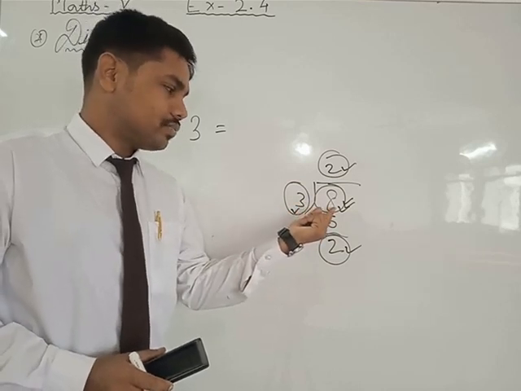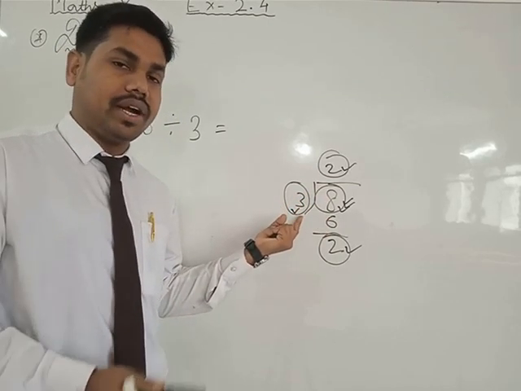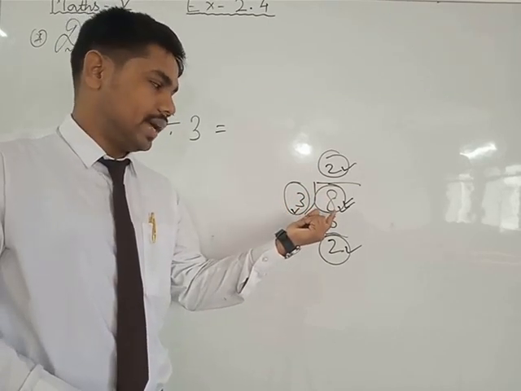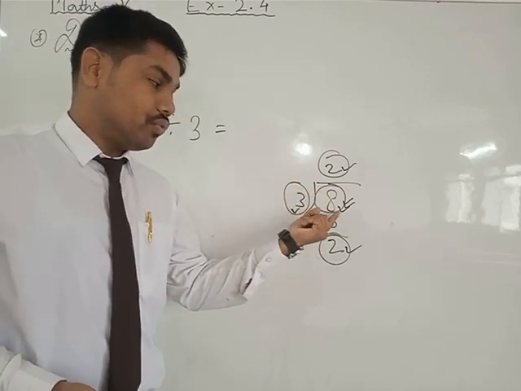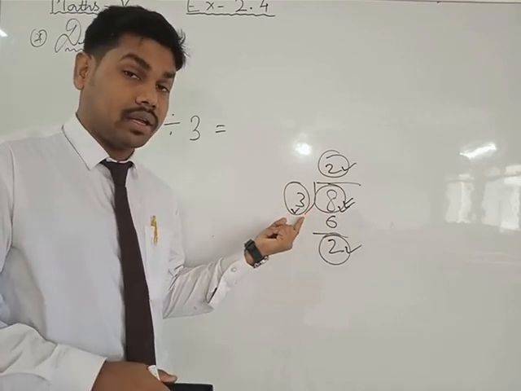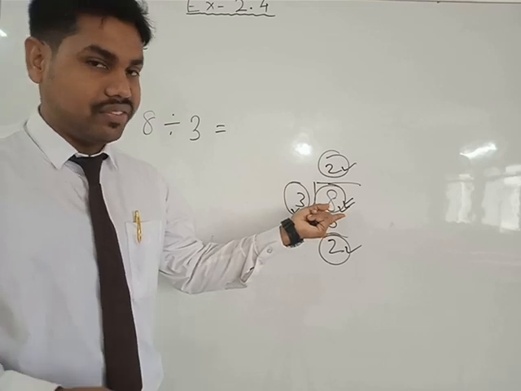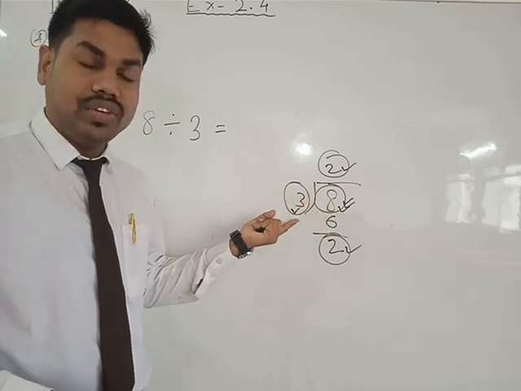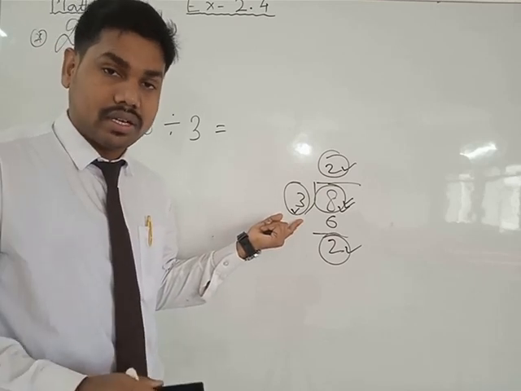This is the dividend and this is the divisor, the number by which you are dividing. The number which is to be divided is called the dividend, and the number by which you are dividing is called the divisor.